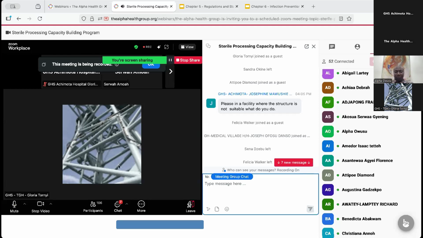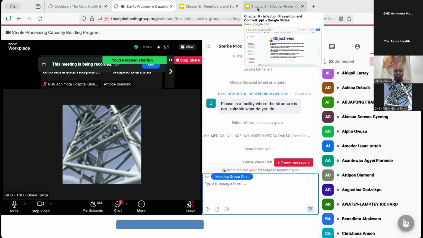Infection prevention and control is just measures that we put in place to prevent infection from spreading to other people, healthcare workers, and patients.